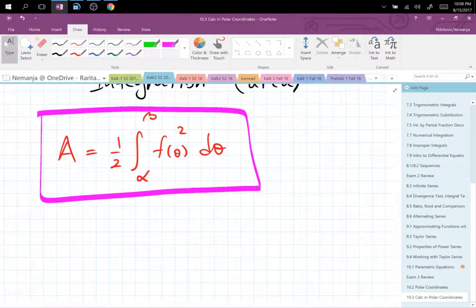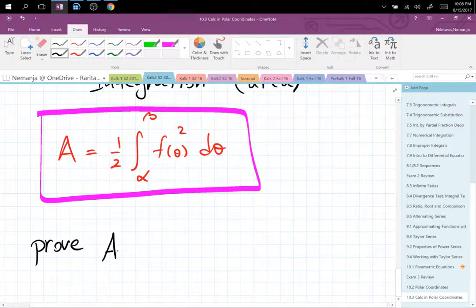That being said, prove the formula for area of the circle. Let's say you are tutoring a middle schooler, and this pops up, area of the circle, and you tell the kid, okay, area of the circle is pi r squared, and he goes, why? Oh, yes.